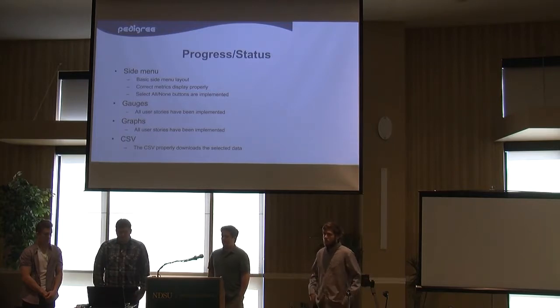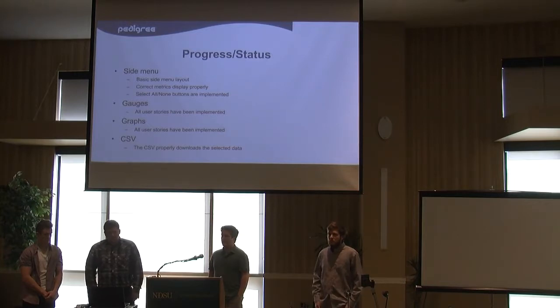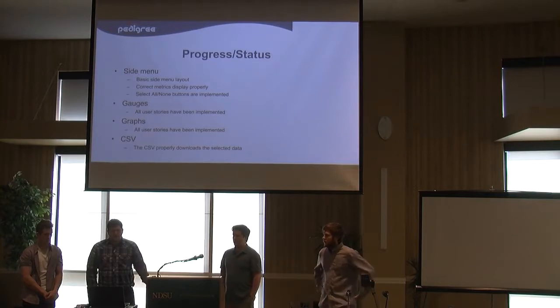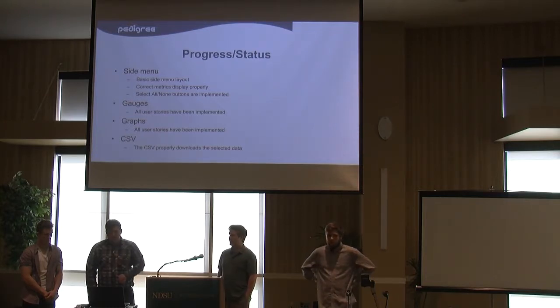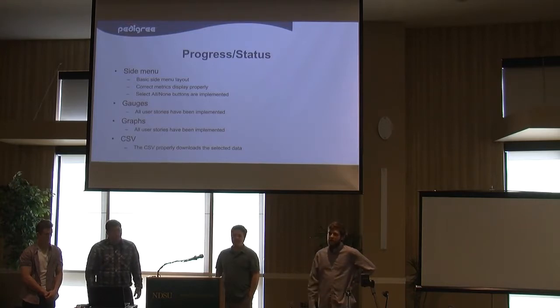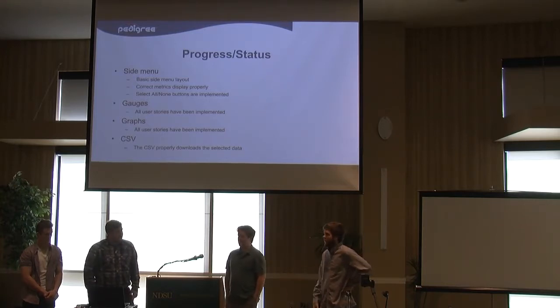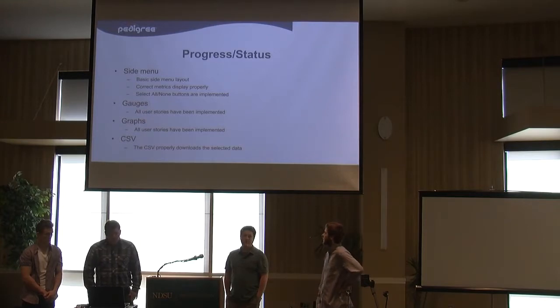I was able to finish implementing the menu itself. I got the correct metrics to display. I added select all and select none buttons, and when you select the correct metrics, there's a little slider switch, and I got all of that to work. This will make more sense when you see our app in a second with the demo. But it's a typical side menu that every app nowadays uses, which Bryce is working on.